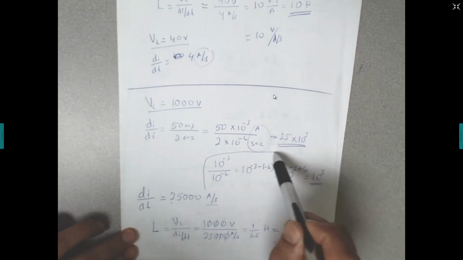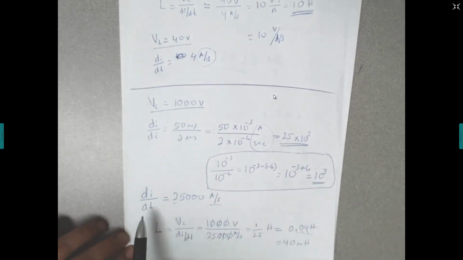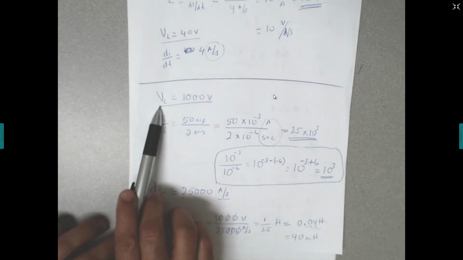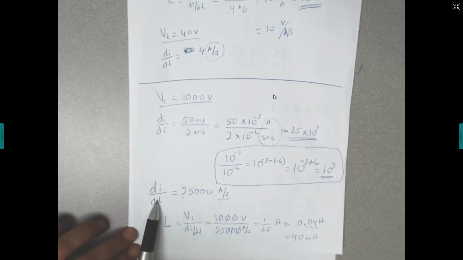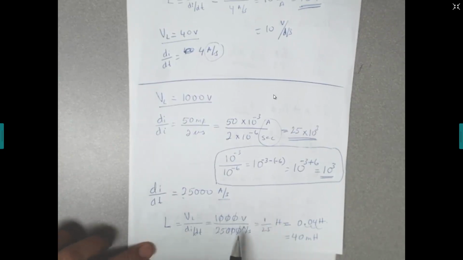This part right here was just a reminder of how to solve this type of powers of tens. So now we have the voltage and we have the change of the current per unit of time. The formula says that the inductance equals the voltage divided by the change of current. So it's 1000 divided by 25,000 amps per second.